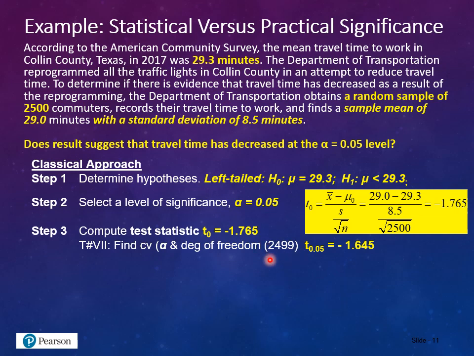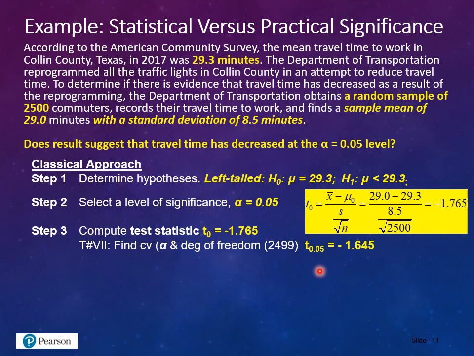And so when you have a sample size, or a degree of freedom, I should say, that's greater than 1,000, you simply use the last row in the table. And if we do that, we'll see that for a t sub alpha of 0.05, we get negative 1.645.